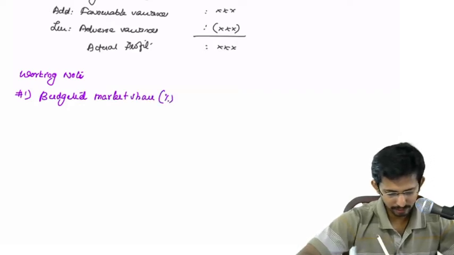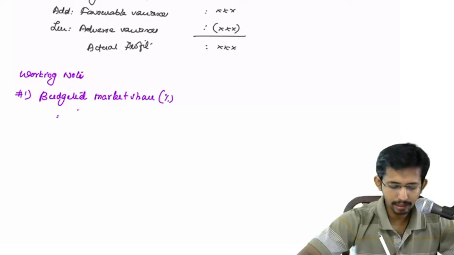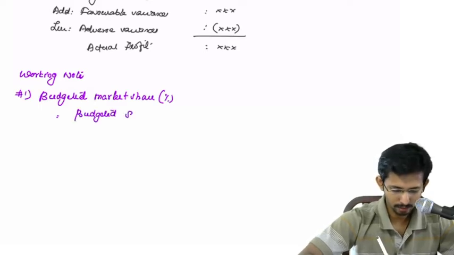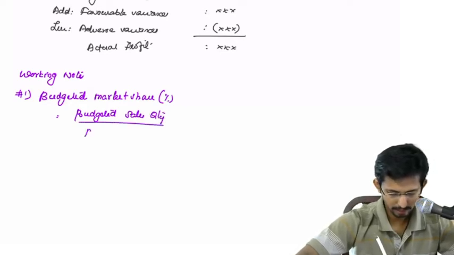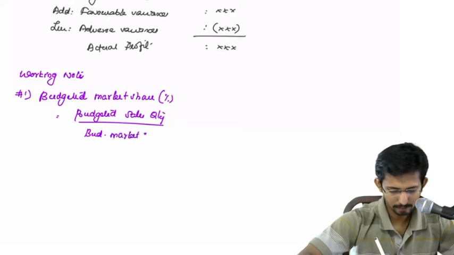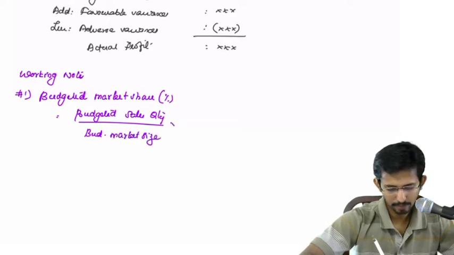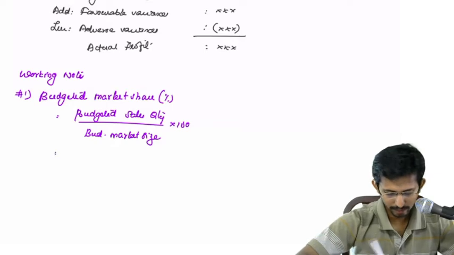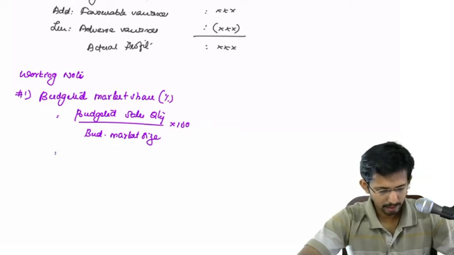How do you compute the budgeted market share? Budgeted market share is equal to budgeted sales quantity divided by budgeted market size into 100.